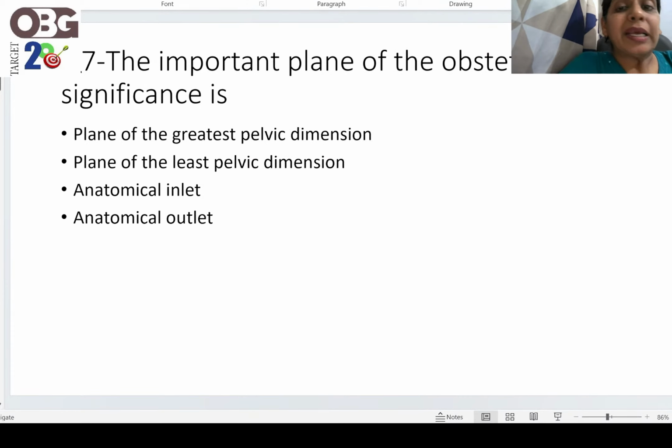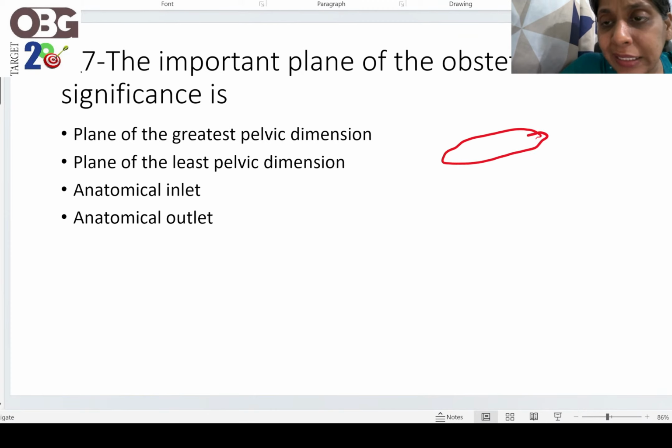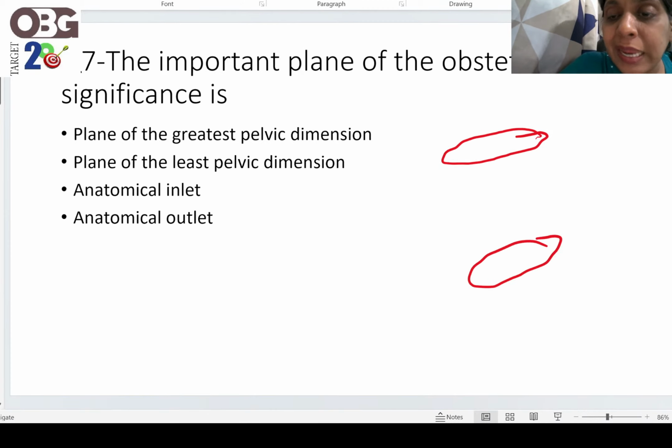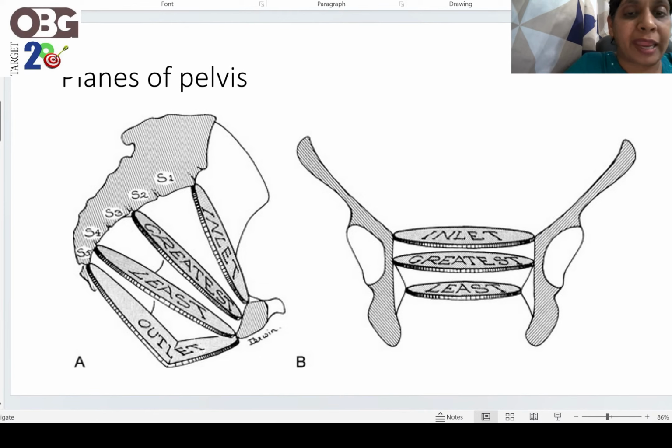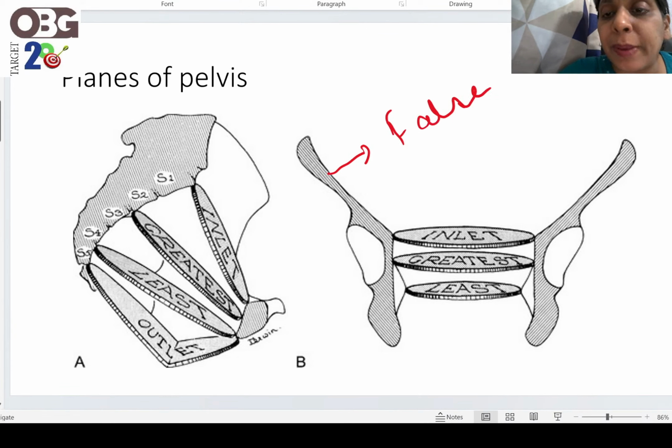Students, the next question is about important planes of obstetric significance. The pelvis is basically a cavity. It has its inlet and its outlet, and in between, this cavity is divided into parts. I have the diagram here, you can see. This upper part is the false pelvis.